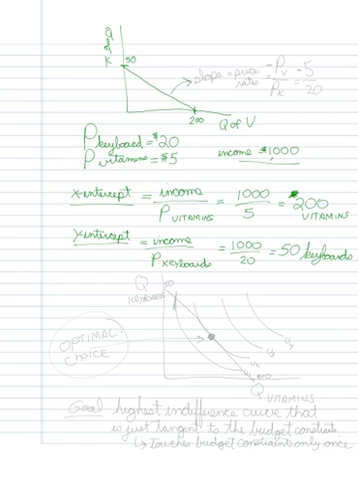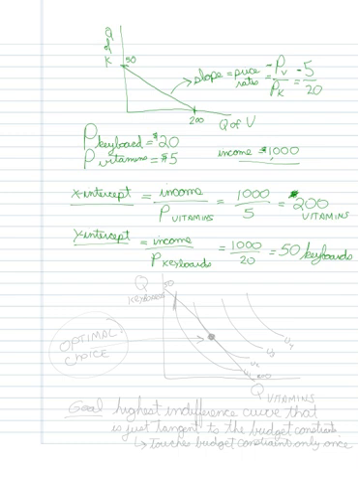The slope is the price ratio, or the price of vitamins over the price of keyboards, which in this case is 5/20. And it's negative because it's downward sloping.